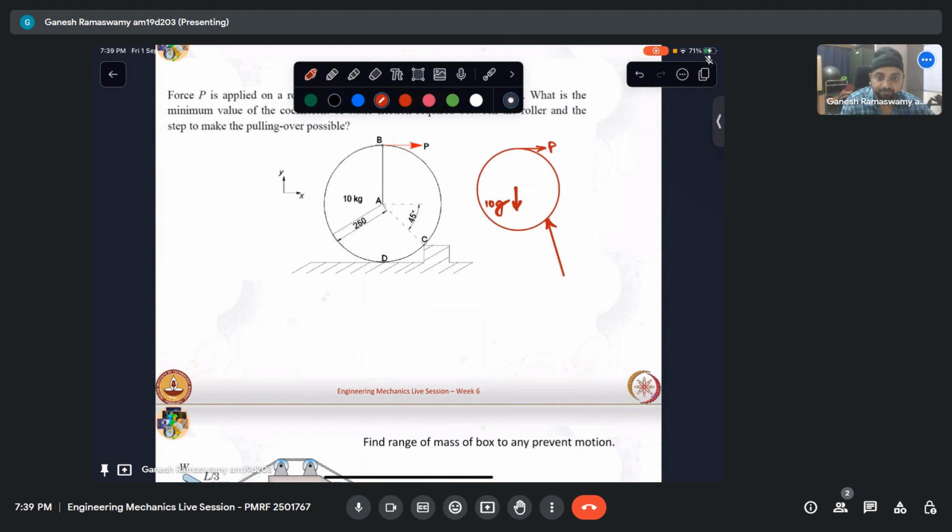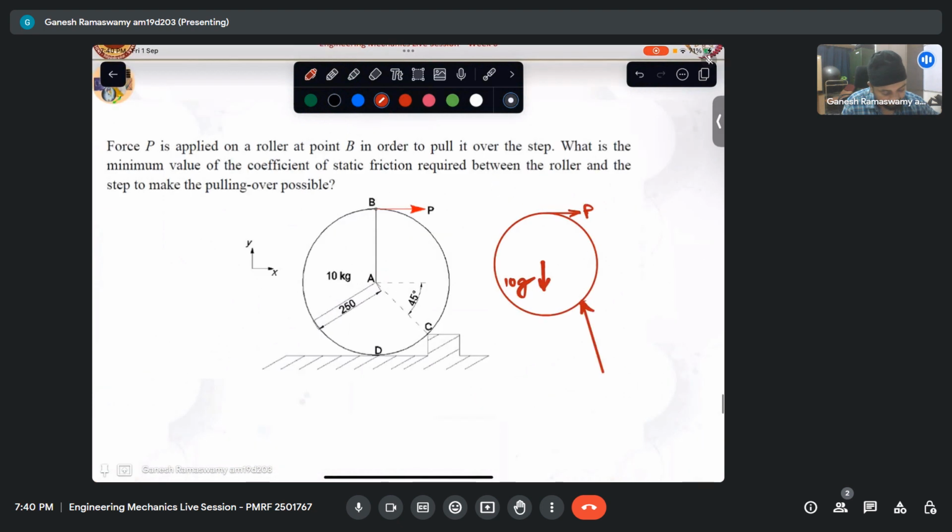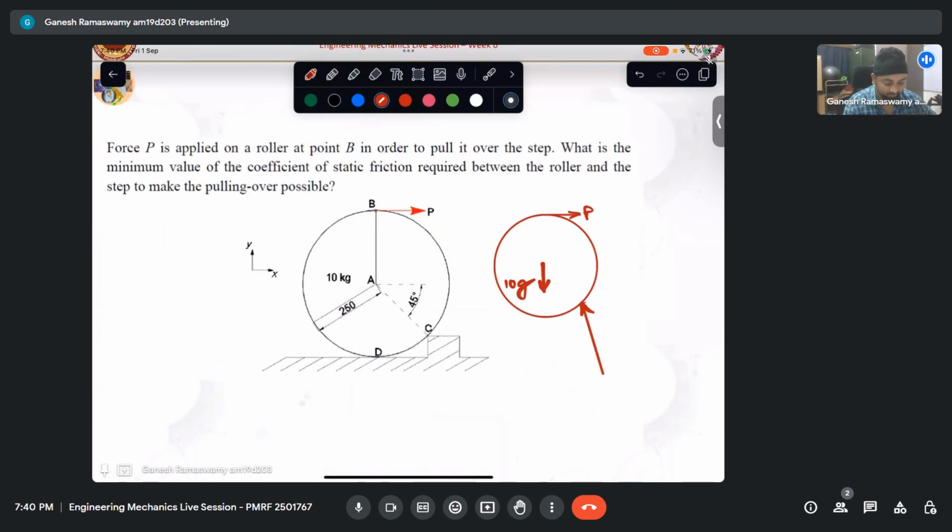Now there is one interesting aspect about this. This happens, now we can see that there are three forces that are applied here. Let me draw it a little more neatly. So I have my force mg like that, or rather 10g. This is the reaction force from RC. This is RC.